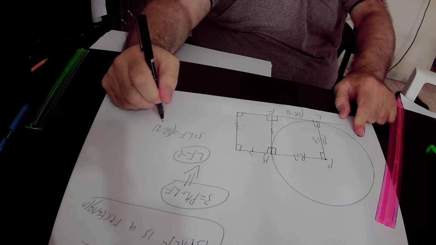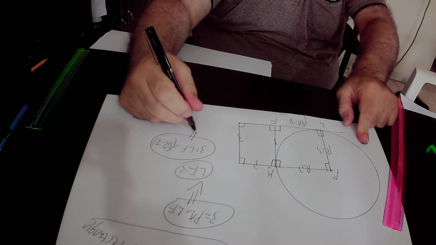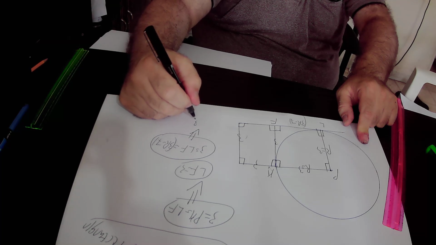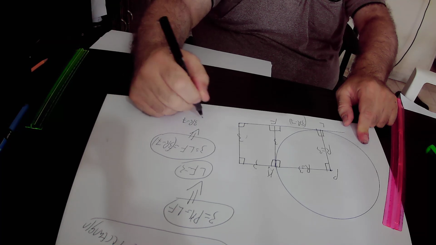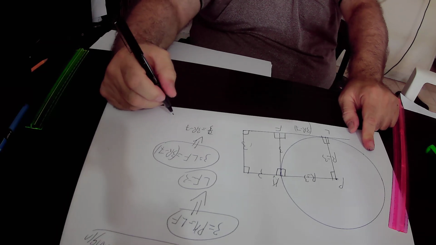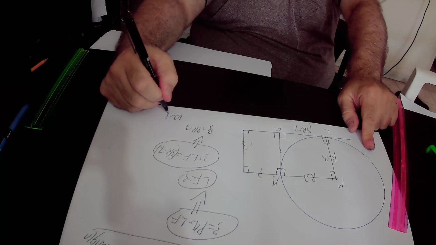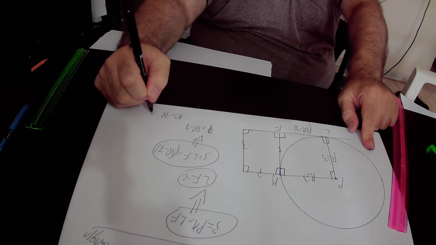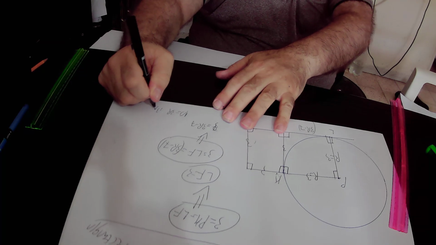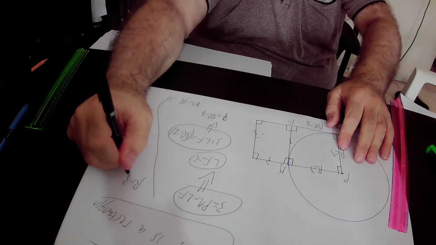So from this equation, 3 equals LF equals 3R minus 7, we derive that 3R minus 7 equals 3. Here we add 7 to this equation, and we get that 7 plus 3 is 10 equals 3R. 10 equals 3R, we divide this equation by 3, and we get that R equals 3 and a third.